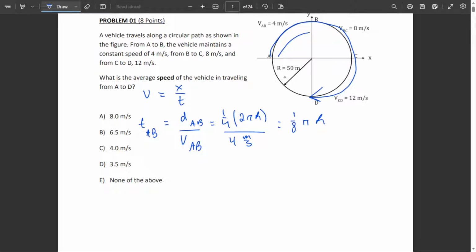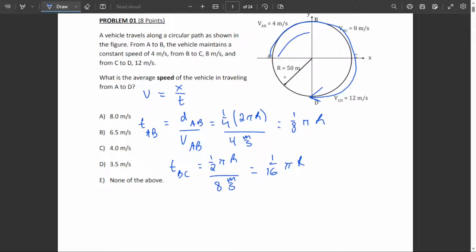If we do the same thing from B to C, the distance is just another 1/4 of the circle, so the distance is the same. That's 1/2 pi r. Speed is 8 meters per second, so we get 1/16 pi r.